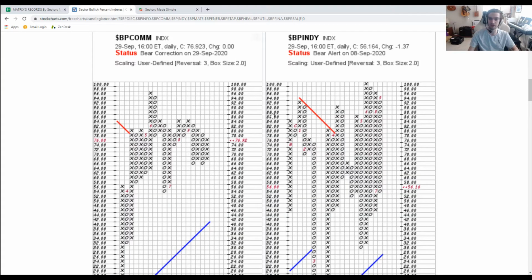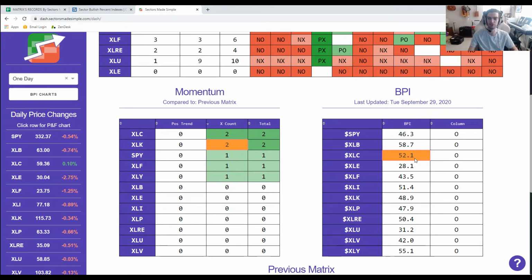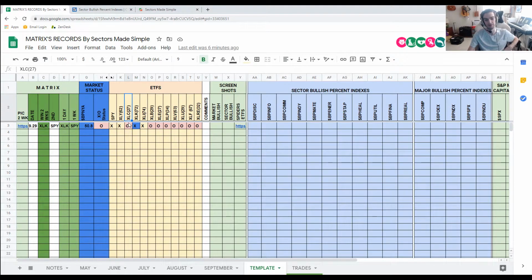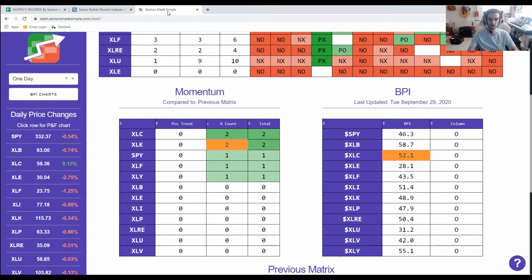So when you see, for example, 52% for communications, yes, 76.9% of the companies in the communications sector are on buy signals in the S&P 500. But that's only 76.9% of 27. But if you wanted to look at the entire market, the entire New York Stock Exchange, you would see that 52% are on a buy signal.